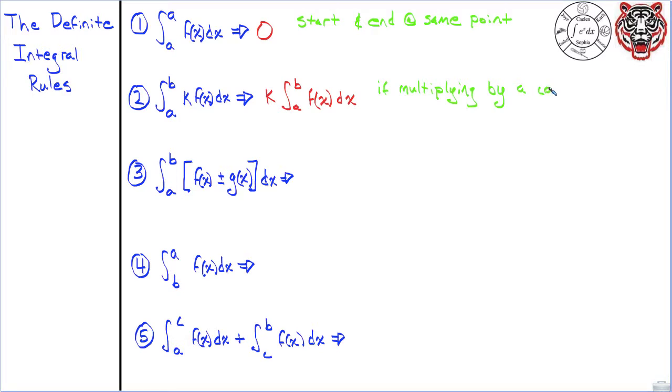So we'll say a constant, comma, pull out of integral. And you can put it back in too. You can go backwards and forwards, but generally speaking, you want to pull it out. Perfect. We should also note that this k, I said it, but I didn't write down that k is a constant.